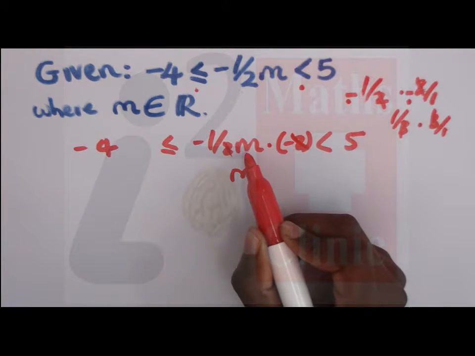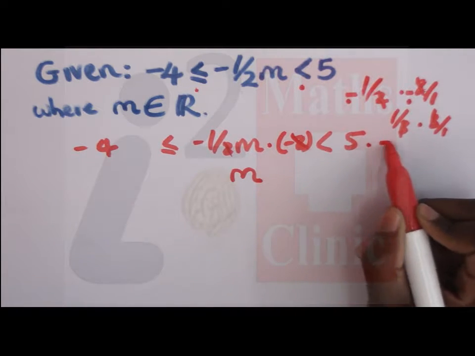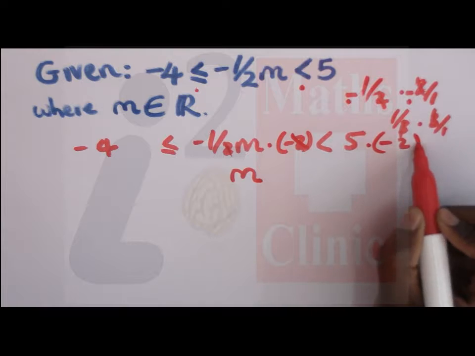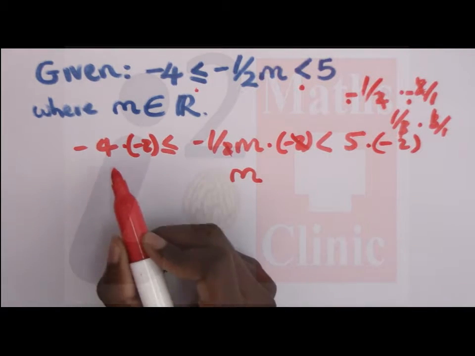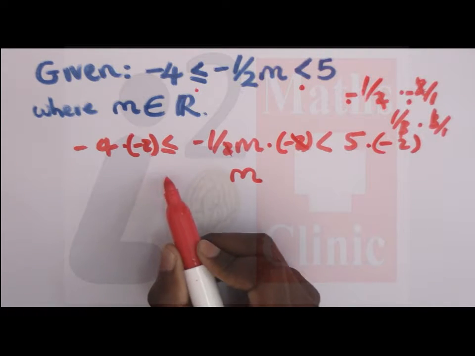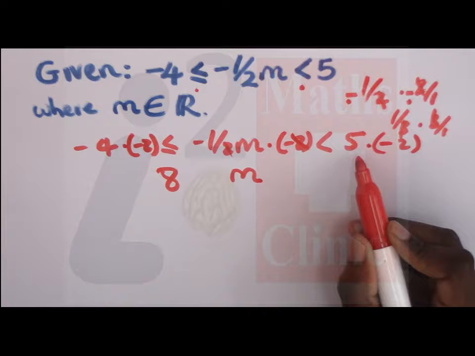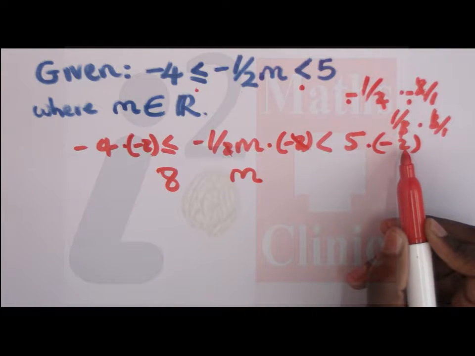But what we do on this side, we must do on the other sides too, so we multiply by negative 2 everywhere. A negative times a negative is a positive, so we have positive 8, and positive 5 times negative 2 is negative 10.